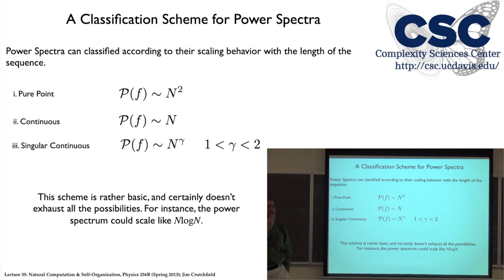Sir? So in the continuous process, would that be something where there's basically no correlation? No. It could be, but there's no correlation. So in this column, this is the character of the power spectrum, what kind of power spectrum it is, and this is how it scales.